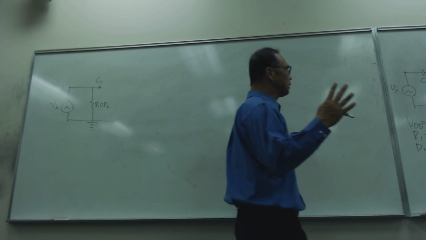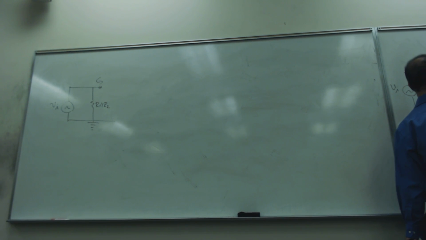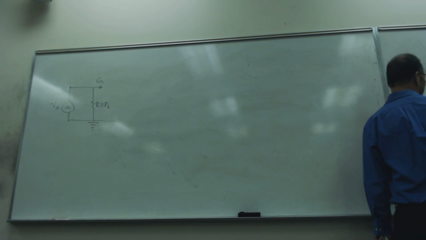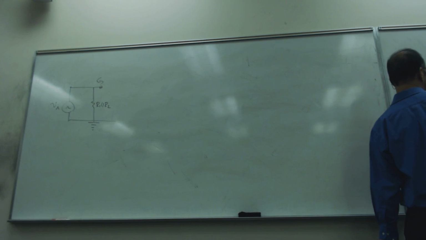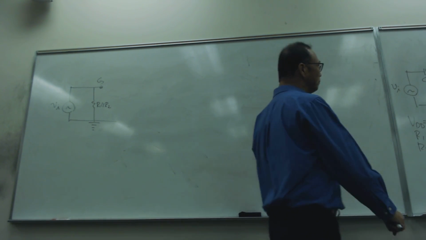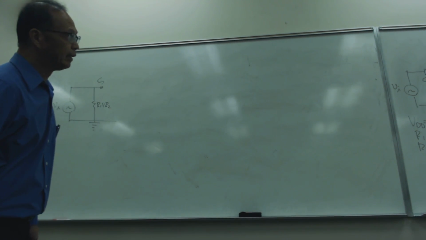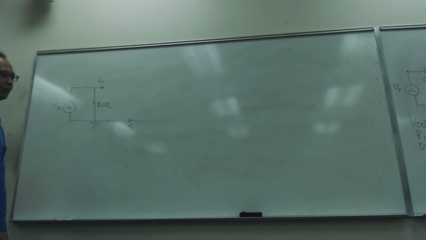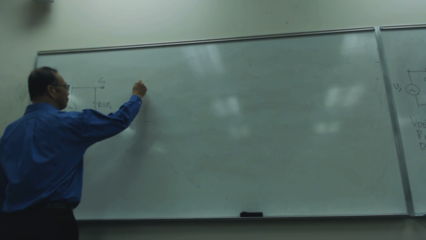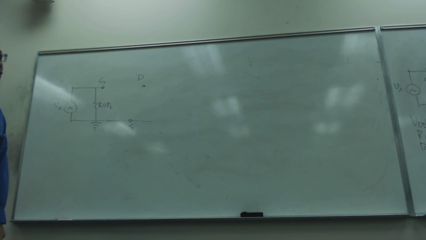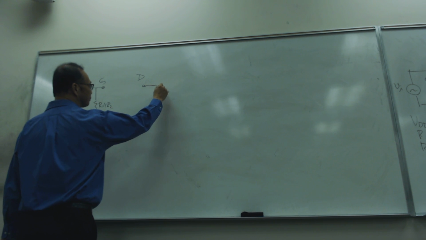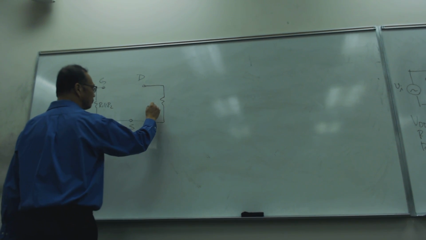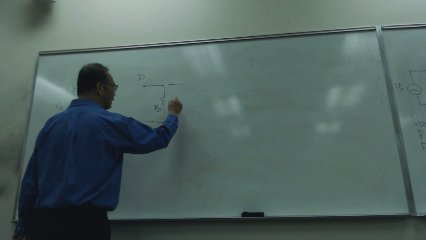Under the AC condition, this is connected to ground, so you can flip this, and these two are in parallel. The source is grounded. Let me make it simple. The drain is connected through R sub B to the ground, and that is the output terminal.